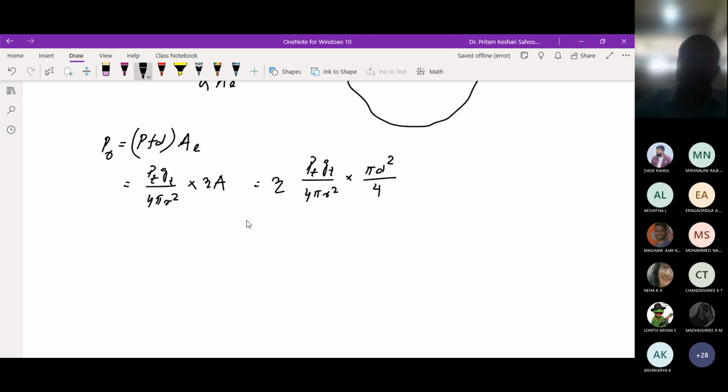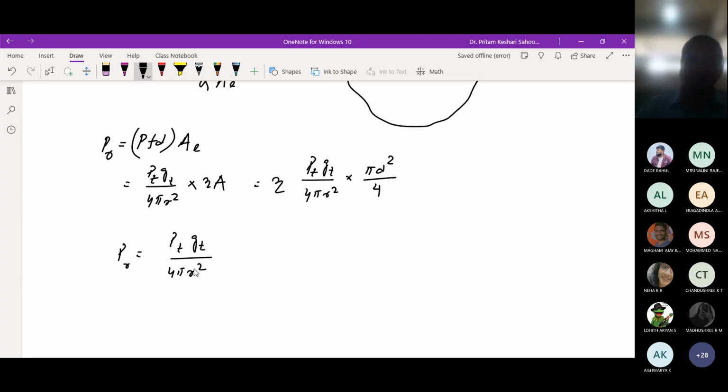So this received power, PR, we can write as PT divided by 4 pi r square, multiplied by the effective aperture.